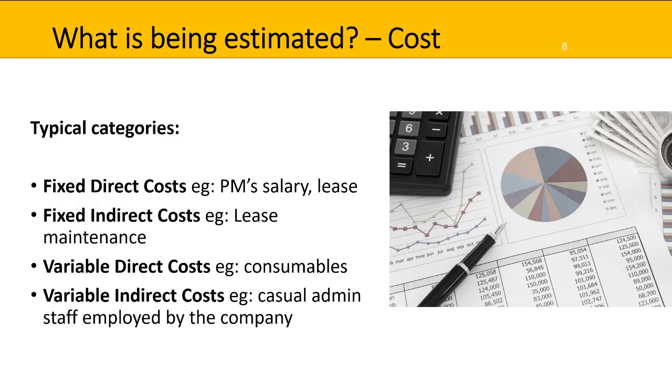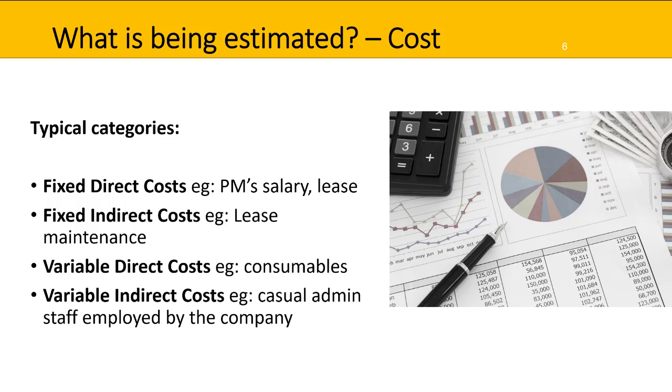On the other hand, there's fixed indirect costs. So these are indirect to the project. Maybe the company itself pays for or has initiated these things. So for example, the whole company has an office. The project team is just in one part of the office. The maintenance on the whole lease of that facility is the same amount per month, but it's an indirect cost to the project.